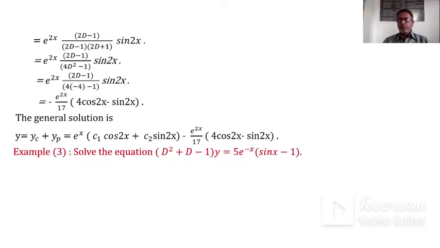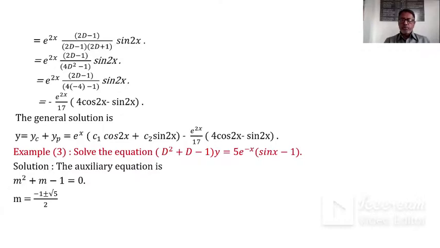Solve the equation D square plus D minus 1 of y is equal to 5 e to the power minus x into sine x minus 1. Again, consider the auxiliary equation m square plus m minus 1 is equal to 0.